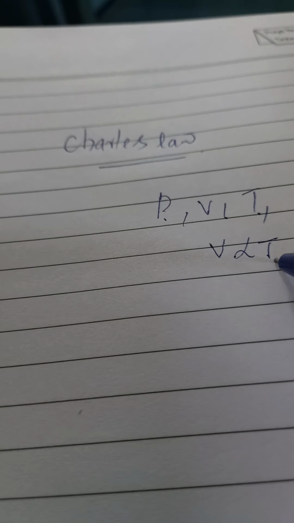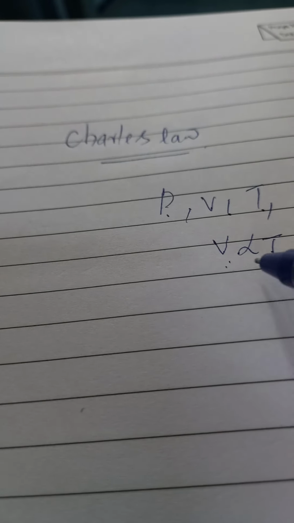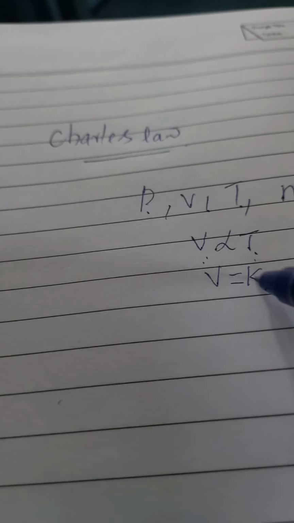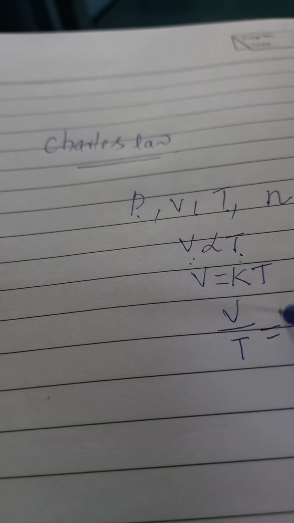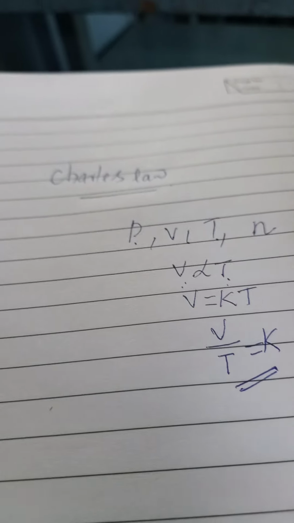If temperature increases, volume increases. If temperature decreases, volume decreases. By taking the proportionality sign, we can write V is equal to K into T, otherwise V by T equal to constant. This is the simple mathematical expression for Charles' law.